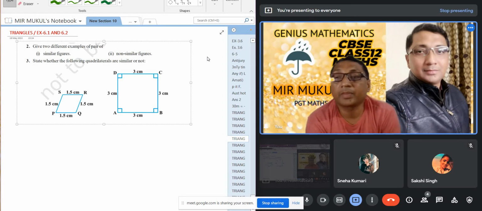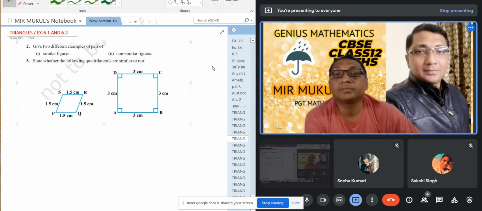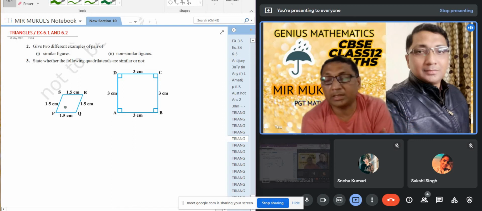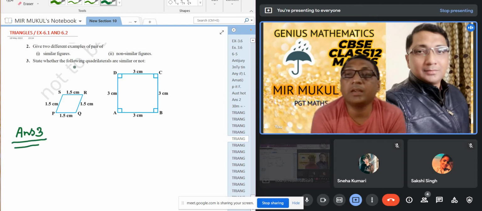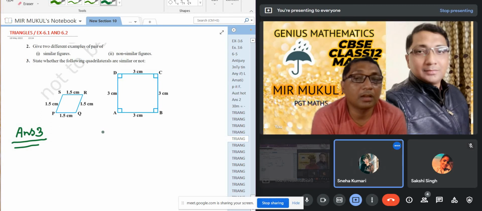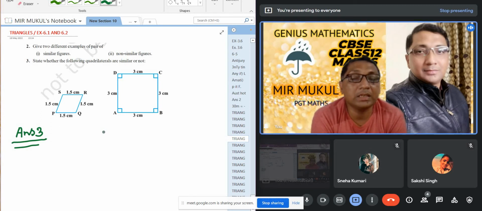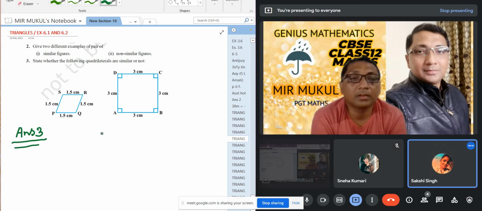Now question number 3. Question number 2, I discussed; according to your thinking you can give the answer. Now answer 3. State whether the following quadrilaterals are similar or not. Sakshi, according to you? Sir, they are not similar because the angles are not equal.